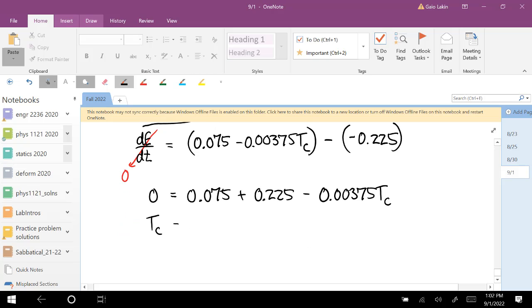And so T_C is equal to 80 degrees Celsius. Any questions about that?